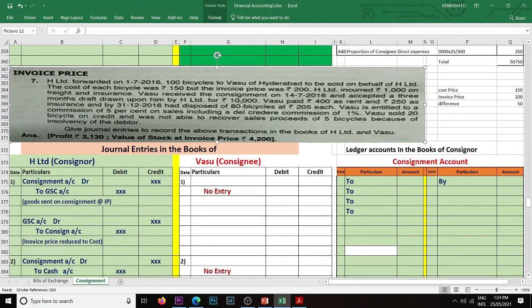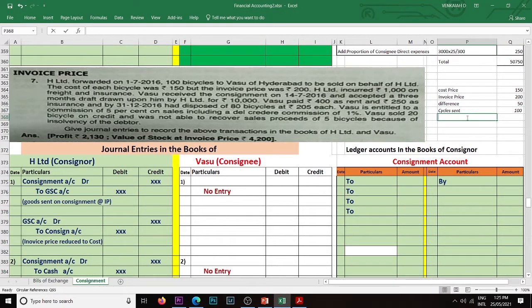Vasu paid 400 as rent and 250 as insurance, and has disposed of 80 bicycles at 205 each. So Vasu is the consignee, and consignee expenses are 650. Cycles sent is 100.